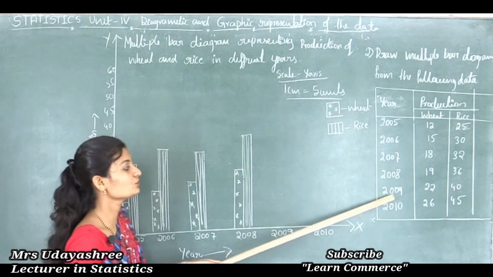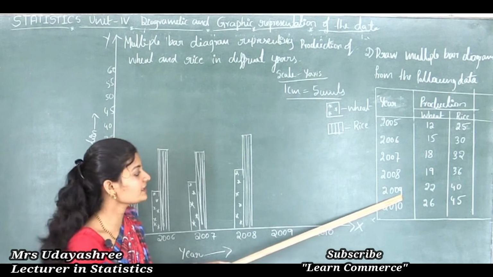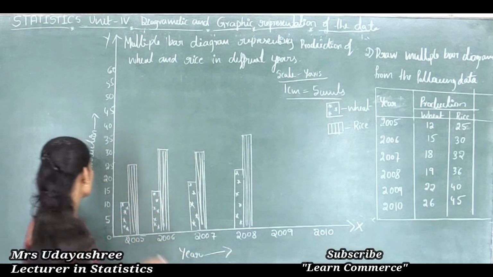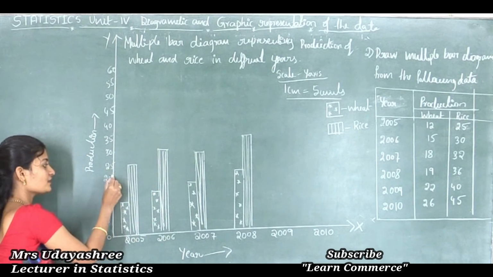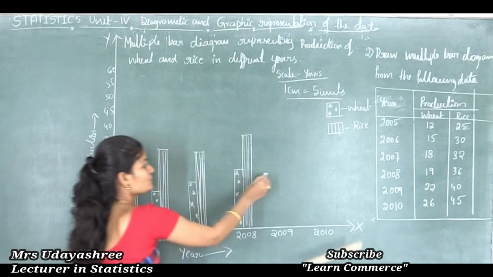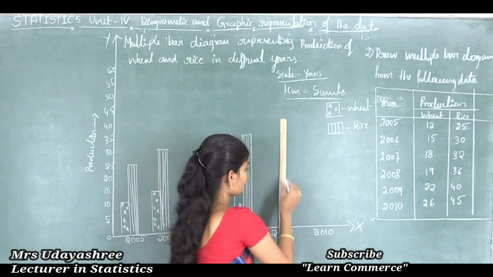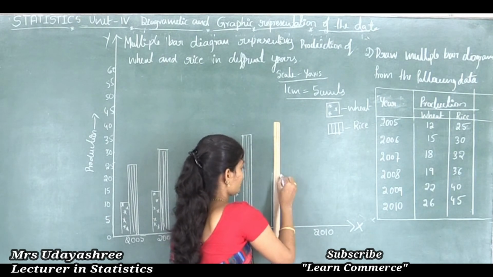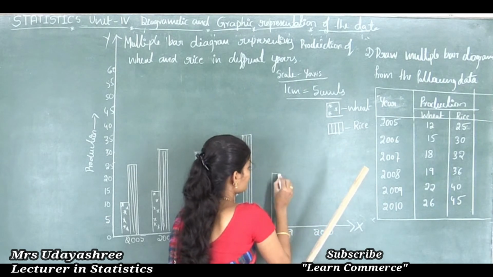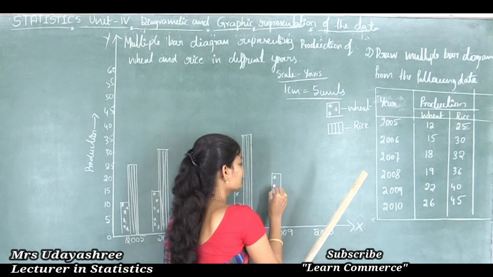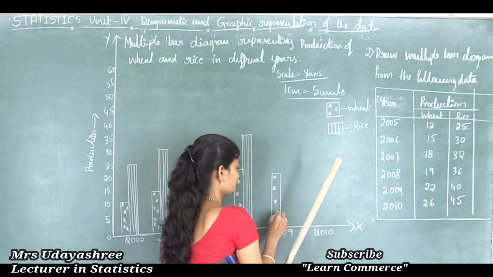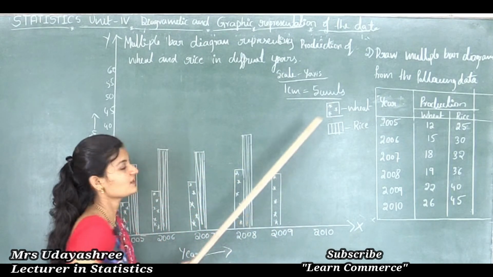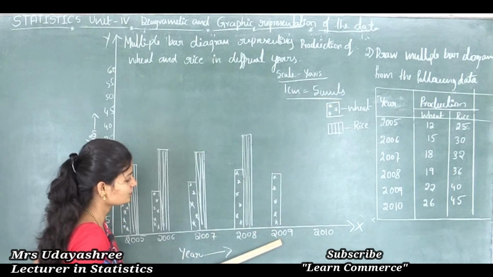Next, move to the year 2009. In the year 2009, the production of wheat was 22 ton. So 20 is here, 25 is here, 22 comes here. This is for wheat, and this bar indicates the production of wheat in the year 2009.